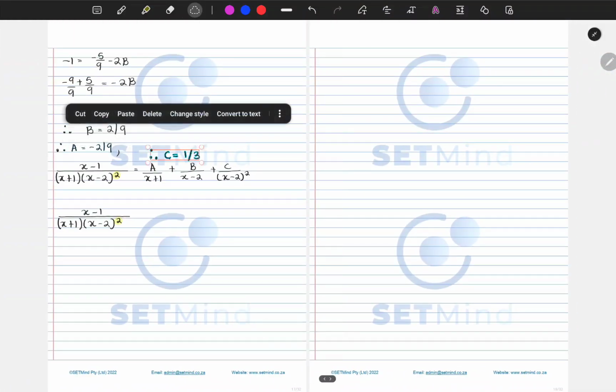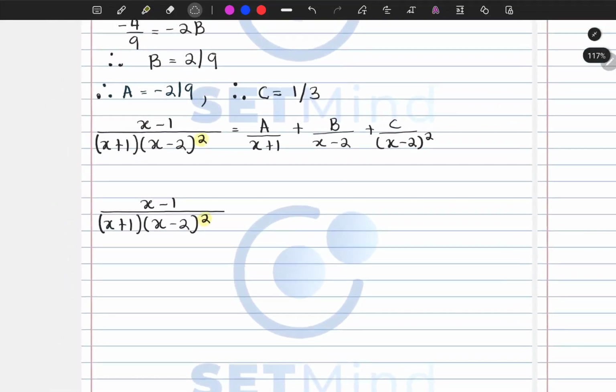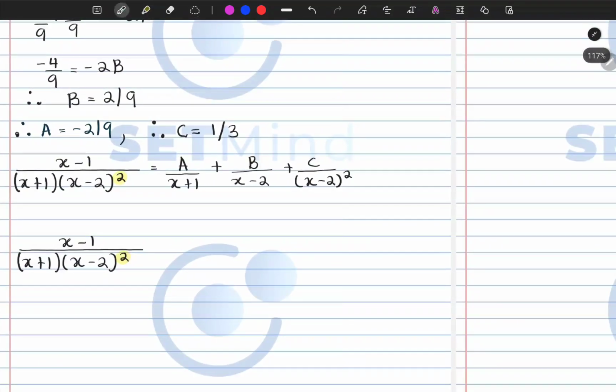So now I can just go and plug them in. So if you look carefully, we have a, which means I should have negative 2 over 9, and this is divided by x plus 1.